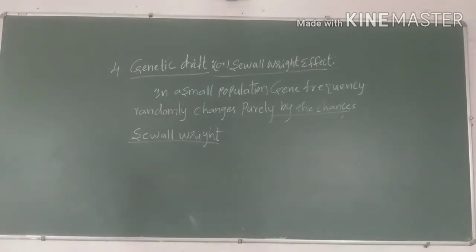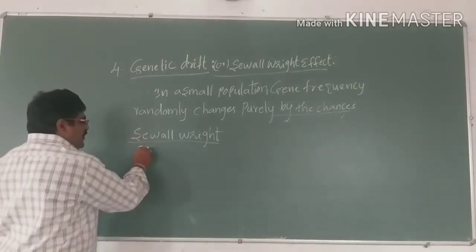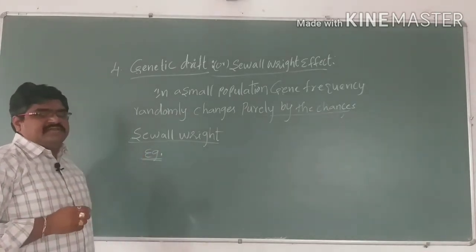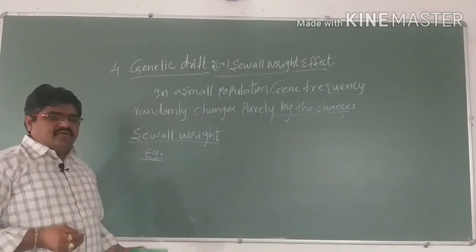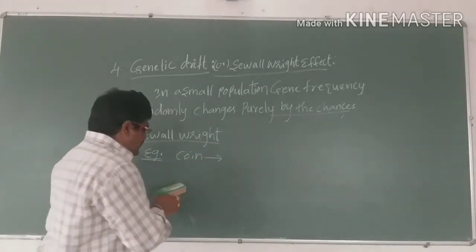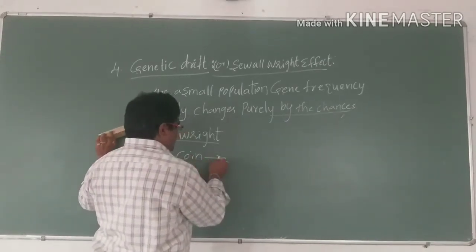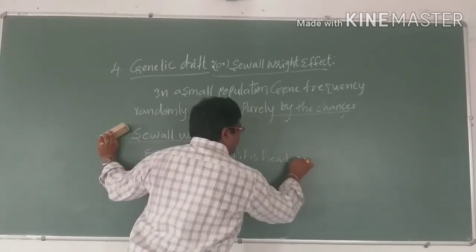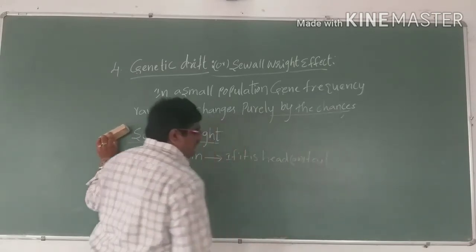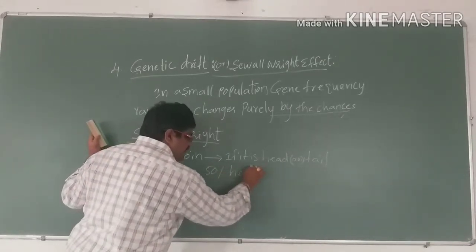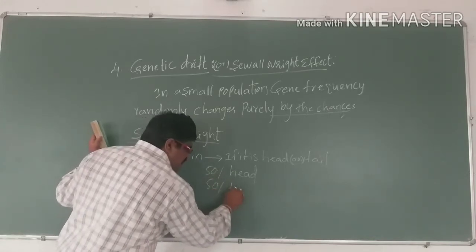Here is an example. If a coin is tossed, whether it is a head or a tail, it can produce 50% head and 50% tail.